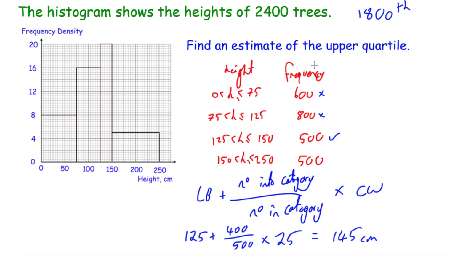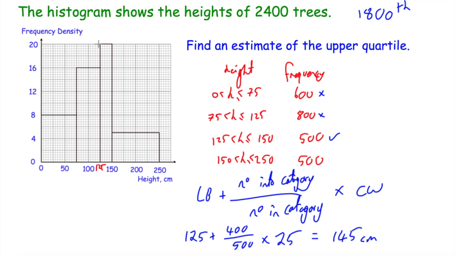If you wanted to use the line approach, we were looking for the 1,800th tree, so we want to find where we're going to put the line so that 1,800 trees are to the left and 600 are to the right. So is it in here? No, it's going to be in here. This is 1,400. We need to go over 400 trees. So we know it's going to be in here between 125 and 150. So where are we going to put that line? And we want to go 400 trees into this category.